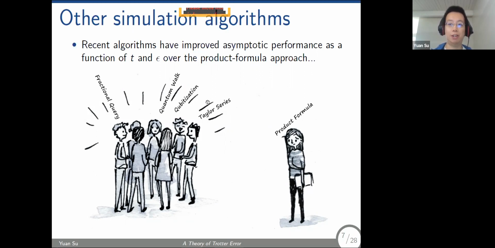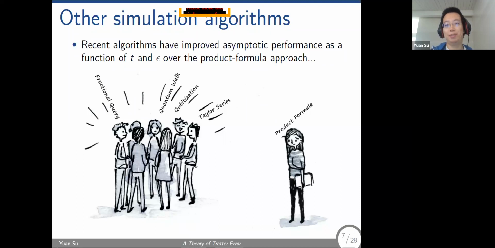And there are also some other algorithms. For example, this algorithm called the qubitization algorithm, which manipulates the spectrum of the Hamiltonian in some 2x2 subspaces. We have this algorithm called quantum walk, and there are many, many other quantum simulation algorithms.